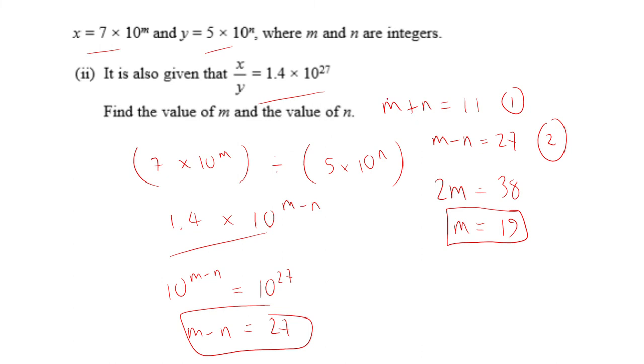So I'll do the first one. So 19 plus n equals 11, and therefore n equals minus 8. So those are your two values for m and n.